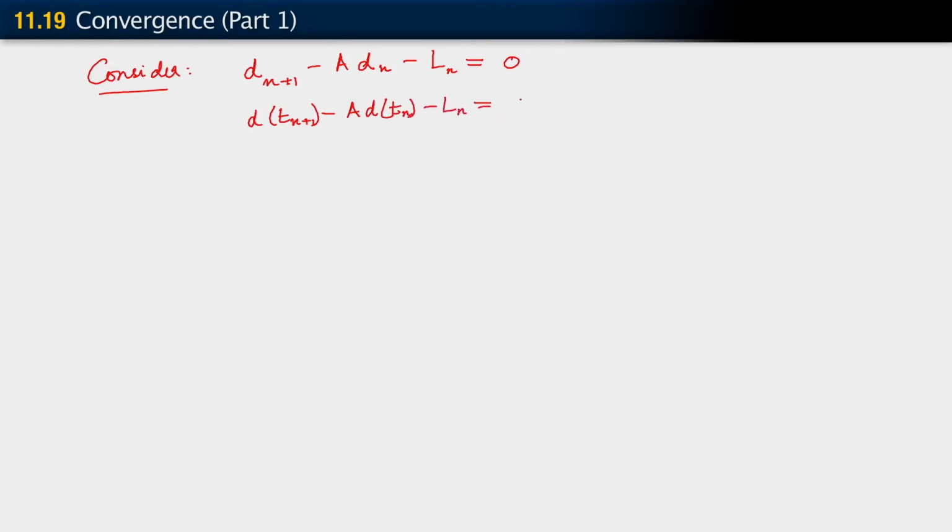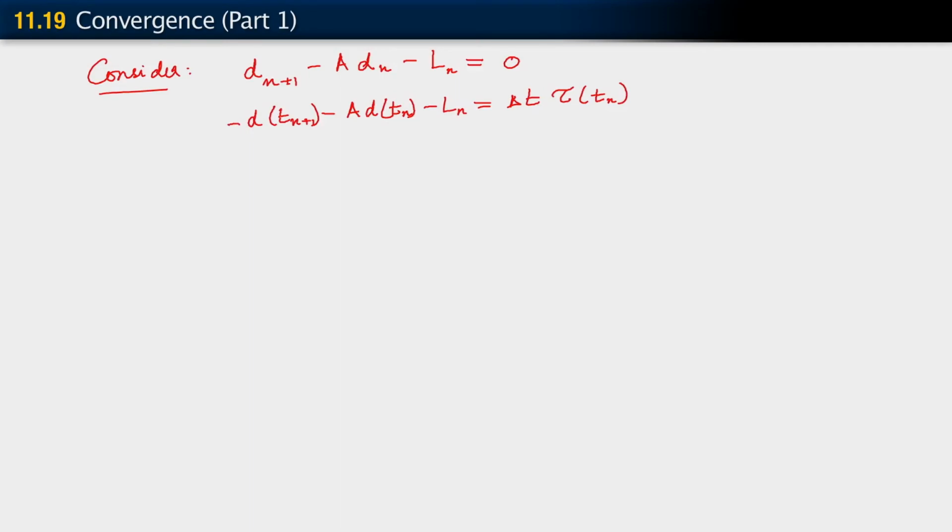We know, however, that the exact equation does not cooperate and give us a 0 right-hand side. Instead, we get delta t tau at t^n. Right? What I'm going to do now is subtract the second equation from the first.